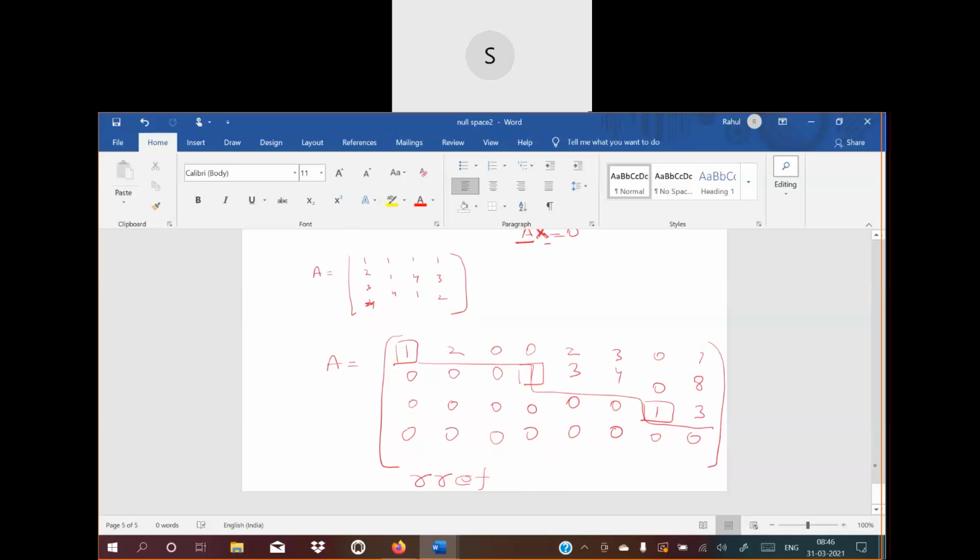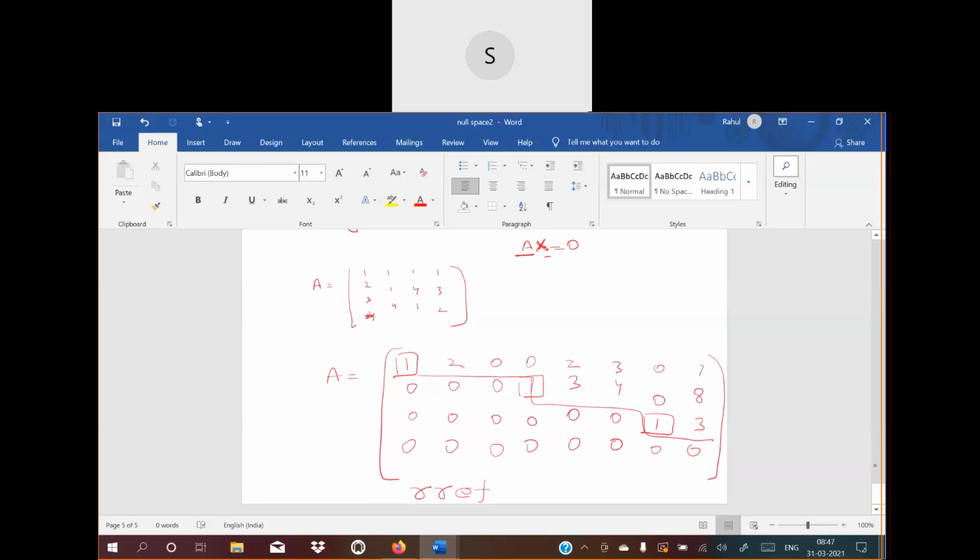So what is the dimension of the column space? It is 3. Now if the dimension of column space is 3, what is the dimension of null space? 5. Yeah, now null space has dimension 5, which means you have 5 free variables.